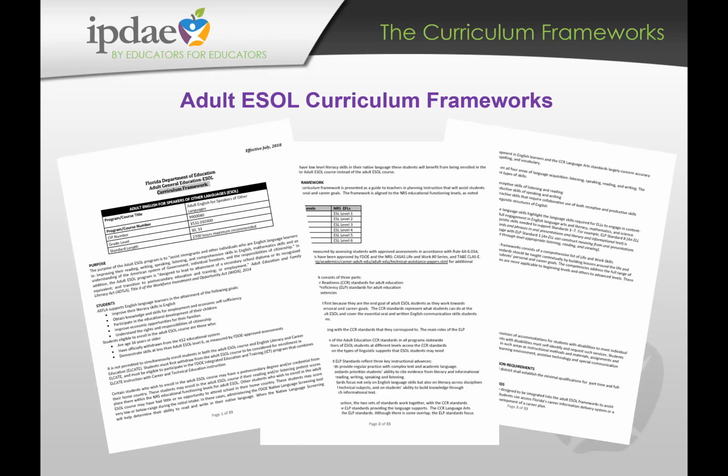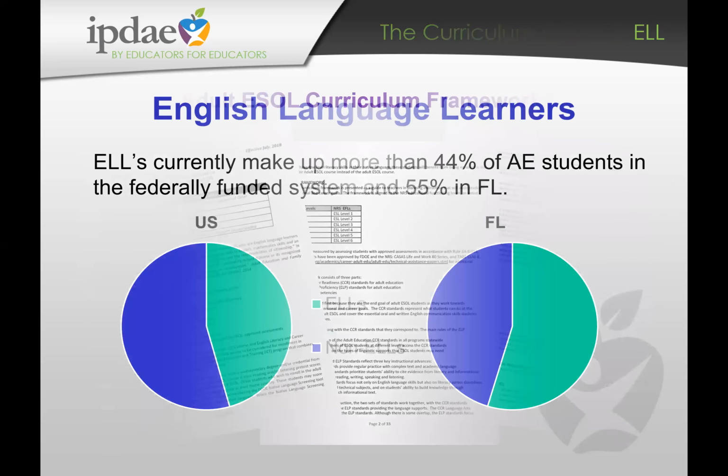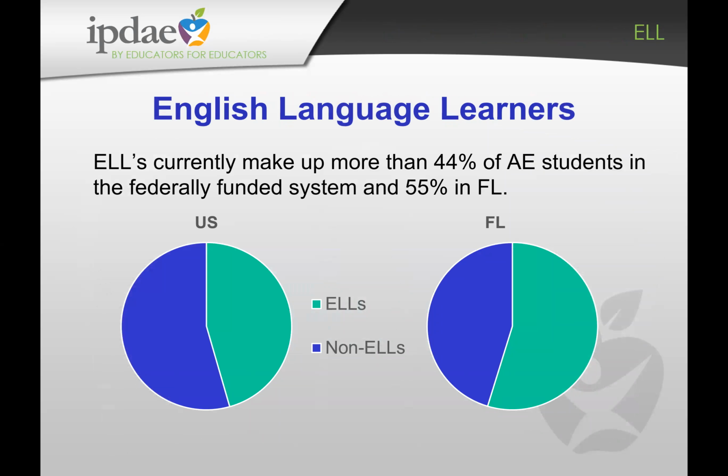So now, why focus on ESOL? Why IET and ESOL? Why such a greater focus on integrating English language learning into IET, or using the IET model to strengthen your ESOL programs? Well, this is the reason why. English language learners make up more than 44% of adult education students in all federally funded systems.